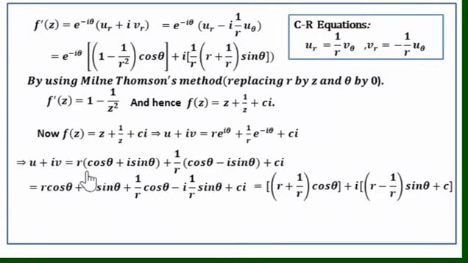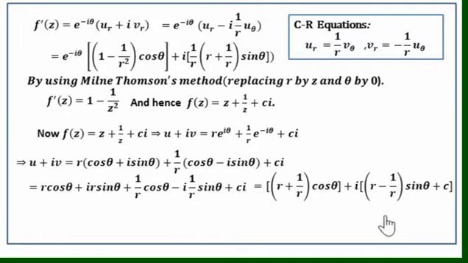Similarly, next we will find the imaginary part. Multiplying, we have r into i sin theta, and here minus i sin theta by r, and here plus ci. Taking these three terms, i is common, and in the two terms sin theta is common, so we can write i into r minus 1 by r sin theta plus c.